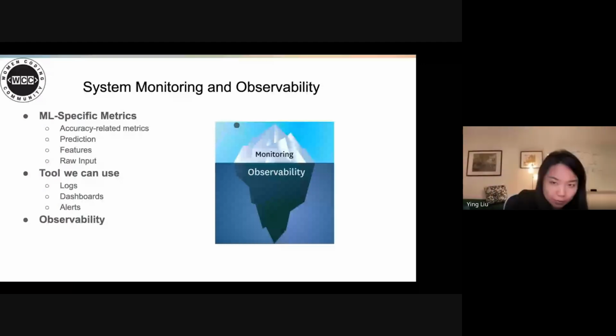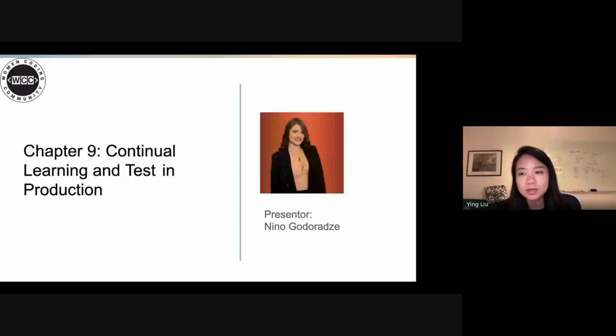So think about a log. If you have 100 million lines of logs for the system, when you monitor, you'll probably monitor like 5,000 of them, but the majority of it needs to be made observable for you to see it. So this is system monitoring and observability.